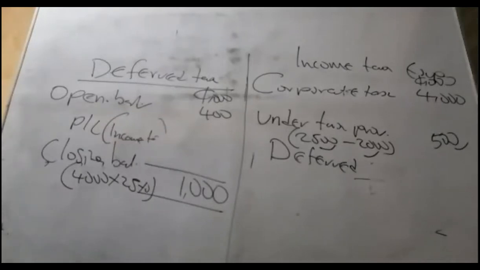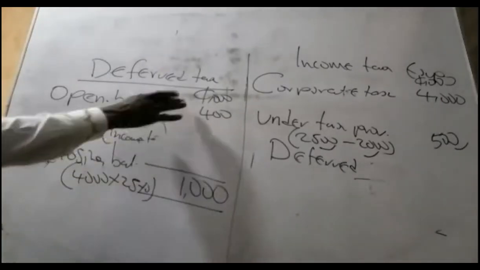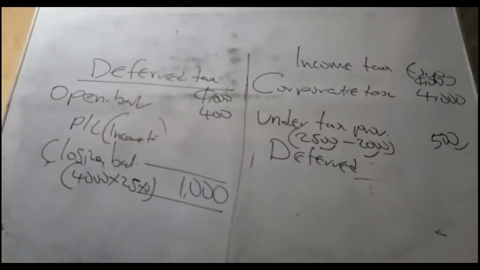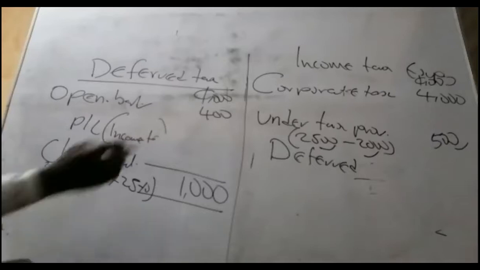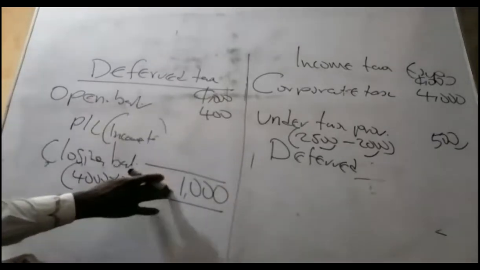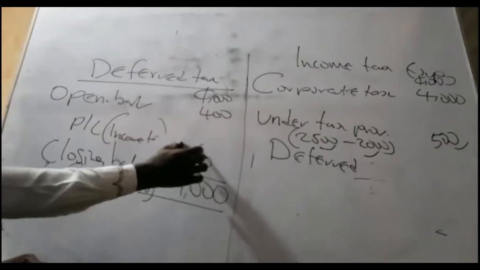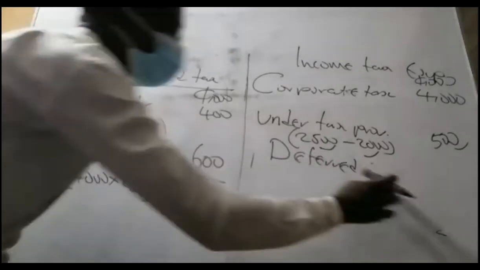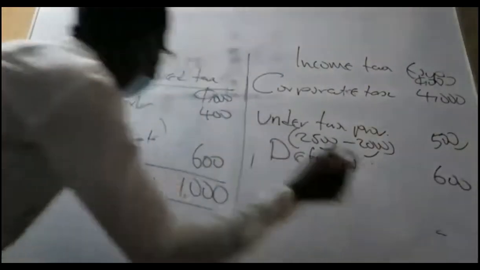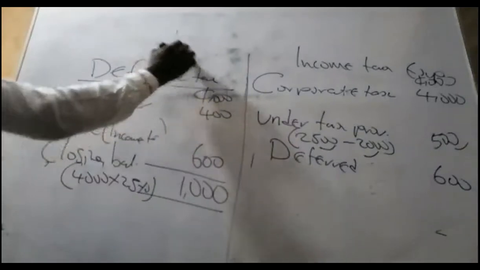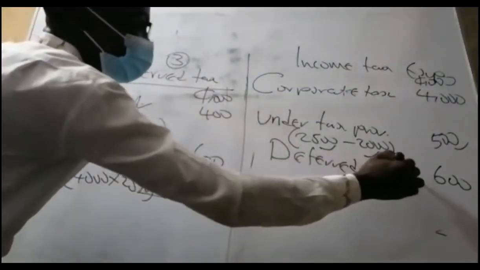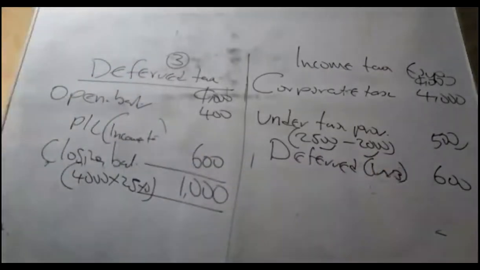Tell the examiner that the difference between the open balance and the closing balance, the movement, the difference between this figure and this figure, which will be what? 600. So this 600 will go to deferred tax provision. So I'll come here and write deferred tax 600. If this is workings number, let's say 3, tell the examiner that it should go to workings number 3, workings within workings. Now we are done.